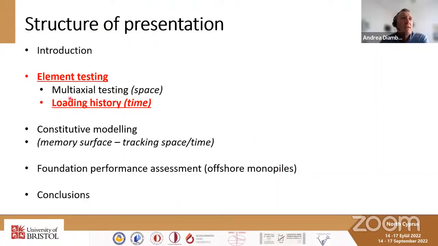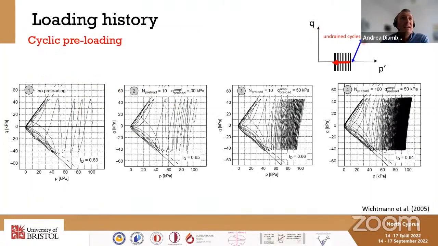Let's go quickly on the time component. I will be very, very brief with a couple of slides, just to show, for example, that the loading history prior to applying the undrained cycles is very important for the resistance to liquefaction and liquefaction behavior.